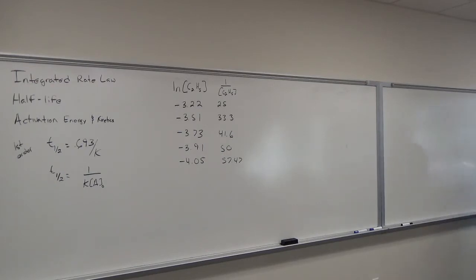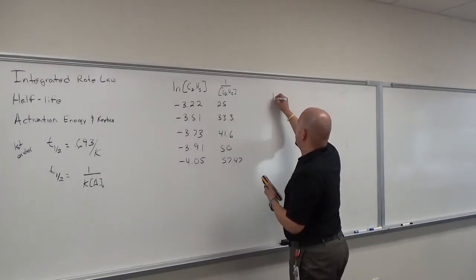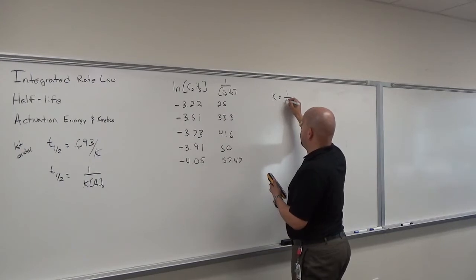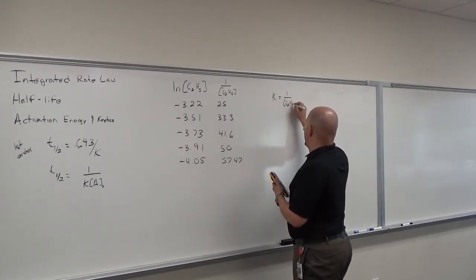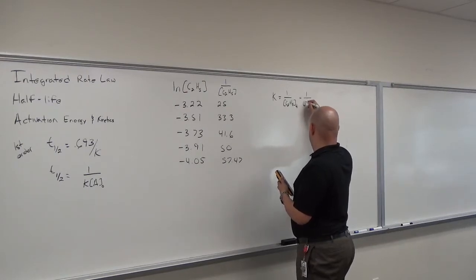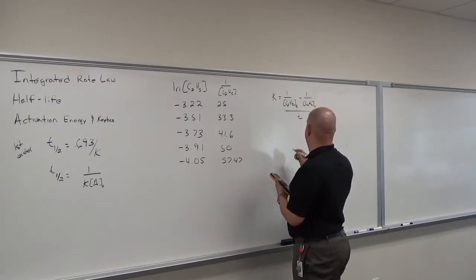Let's see. If you used that equation, just to verify that, you're going to end up with k equal to 1 over C5H6 at time t minus 1 over C5H6 initial, divided by time.